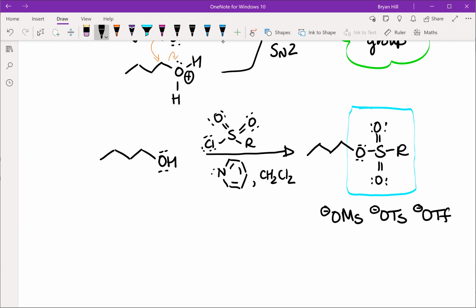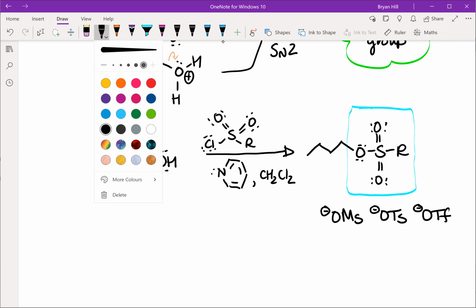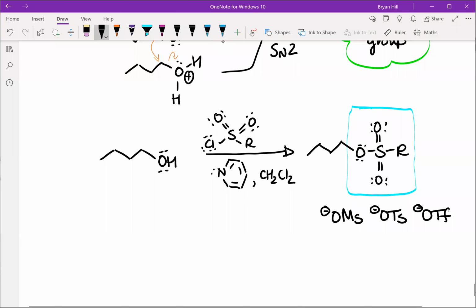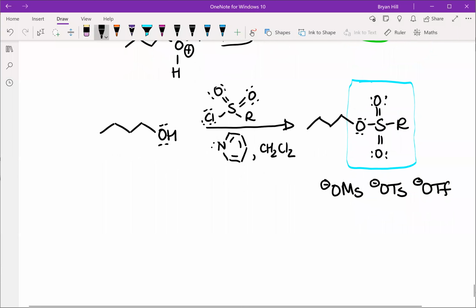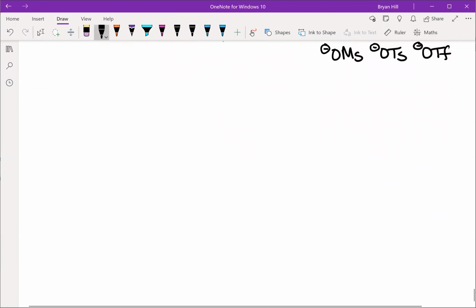Right, so what we're going to do today is talk about some of the new chemistry that we haven't seen before. I guess the biggest interesting thing is that if you've got an alcohol, there is a relationship with carbonyl compounds.